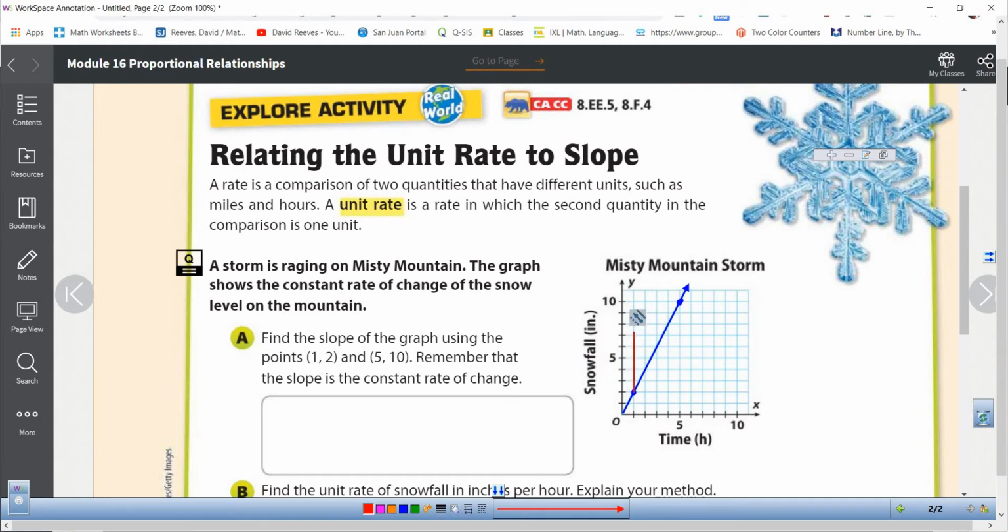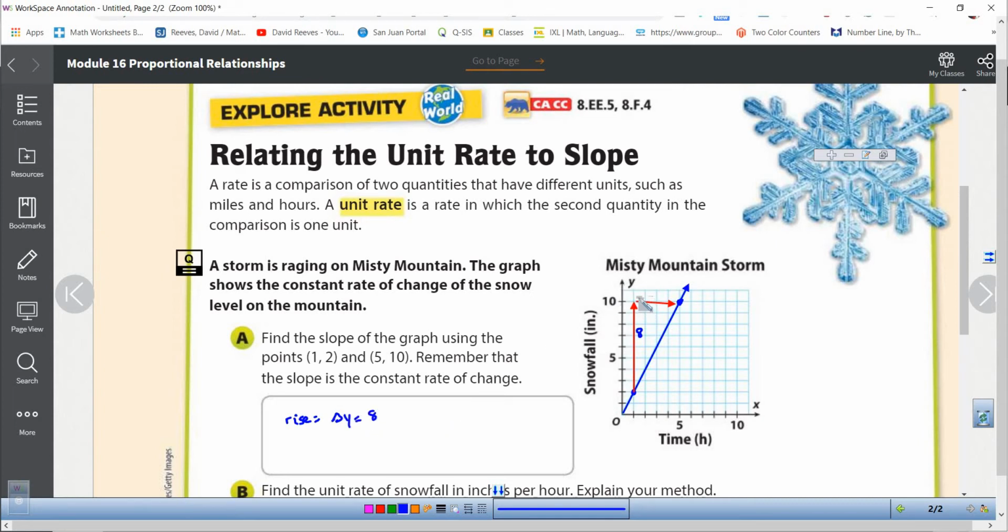So I'm going to go up. That is my rise, and then I'm going to go over, and that is my run. All right, and then I'm going to count that our units are 1, 2, 3, 4, 5, 6, 7, 8. So our rise, which is equal to our change in y, is equal to 8.